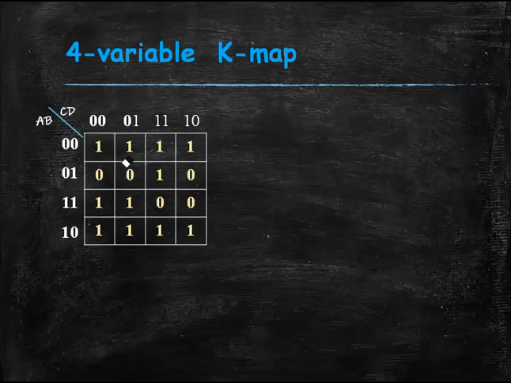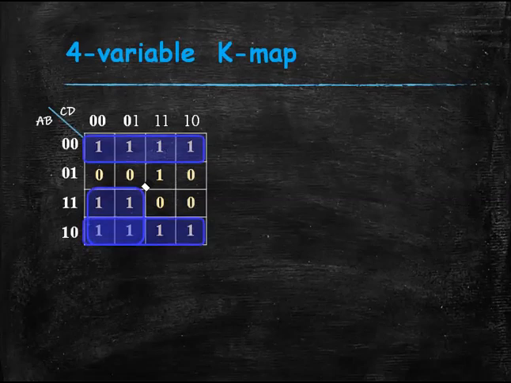Then look here, here is a quad and here also another quad. By rotating or rolling this map, we can consider it as an octet, isn't it? Then here another quad is formed and a pair also formed here.